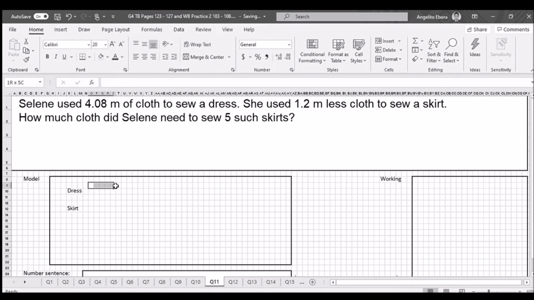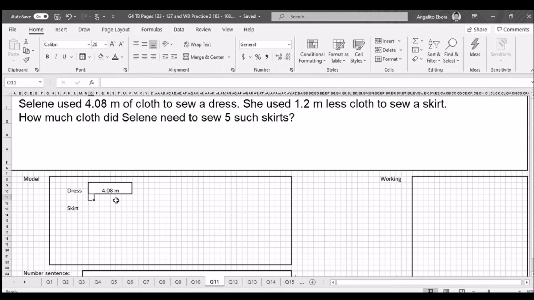So this is, let's say, the dress, which is 4.08 meters. And then she used less cloth to sew a skirt. Okay, skirt. Less.